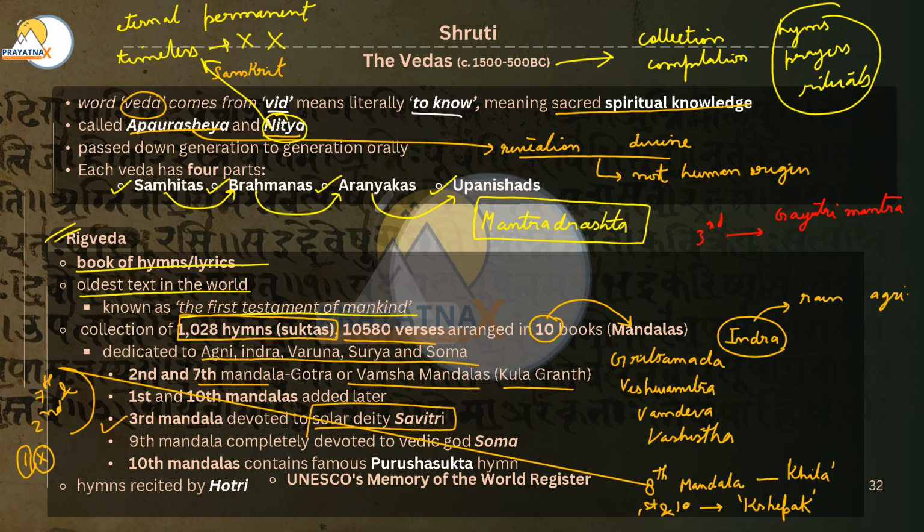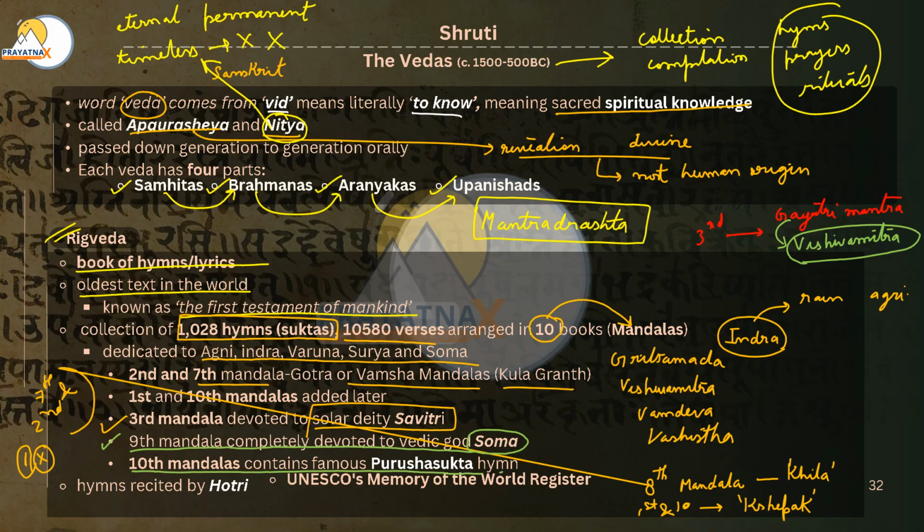This was composed by Vishwamitra. Now, the ninth mandala is devoted to the Vedic god Soma. Lastly, the 10th mandala contains the famous Purusha Shukta hymn.